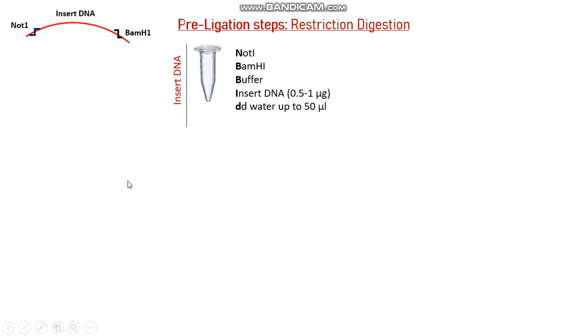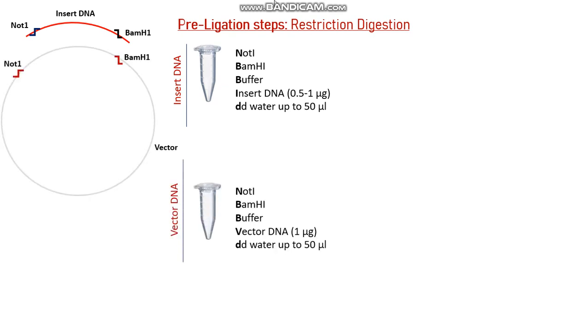Alright. So now the pre-ligation step, that is the restriction digestion. How to digest the fragment and the vector with the restriction enzymes. Here is the insert DNA fragment. For the insert DNA fragment and for the vector, you need to prepare the reaction mixture simultaneously in two different tubes.